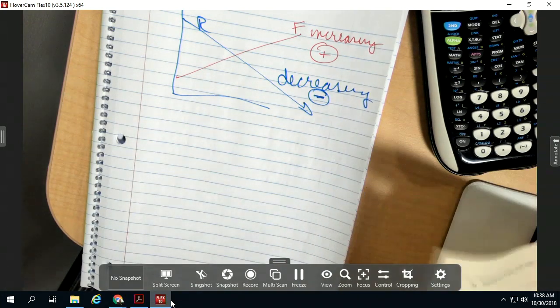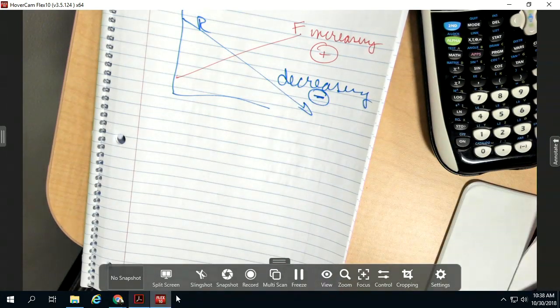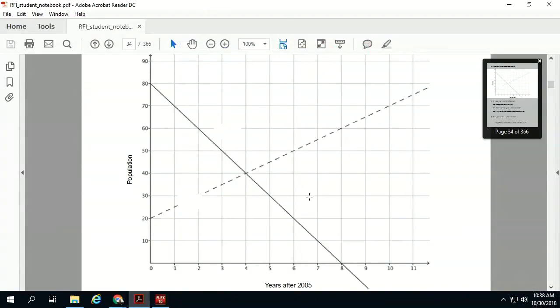How many rabbits were there at t equals 0? What is the rate of change of the rabbit population? For every year you go over, here is the answer for number 7b.